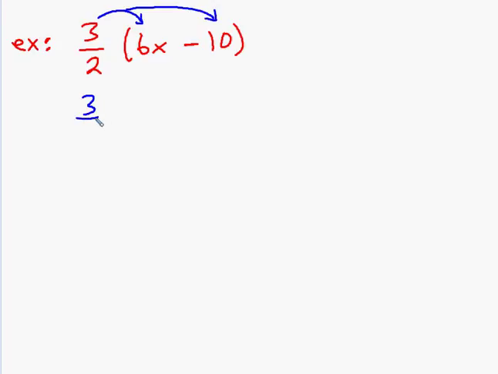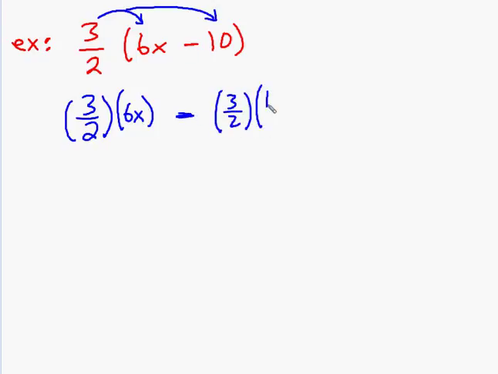I mean, 3 halves times 6x. This sign's a minus, so minus 3 halves times 10. And I put the 10 over 1 because it's a whole number. And now my rules of fractions apply. I can put the 6 over 1. Can I cross cancel? 2 and 6.